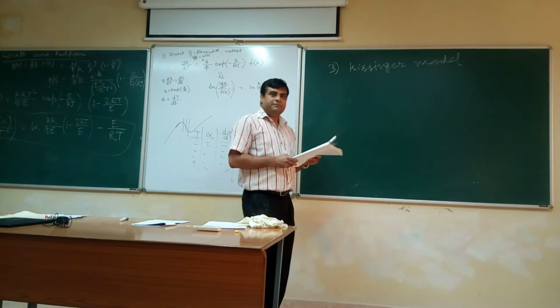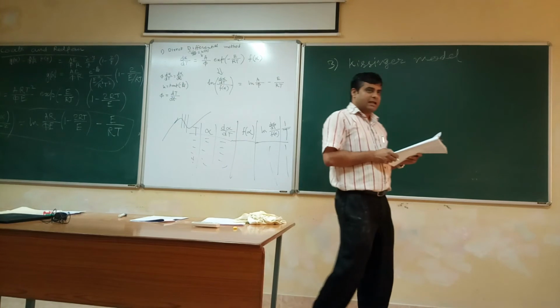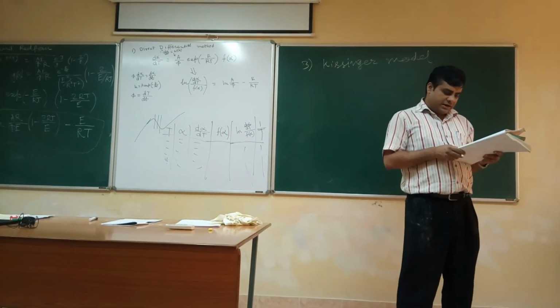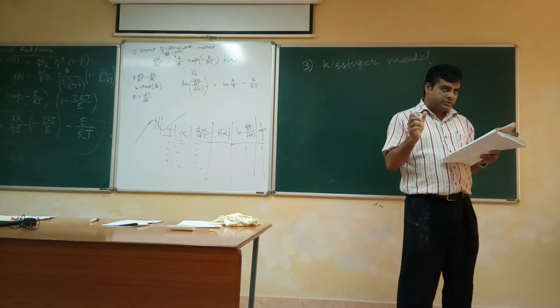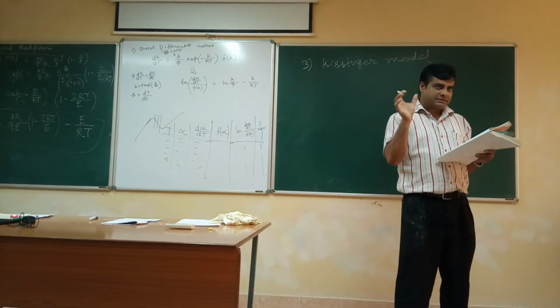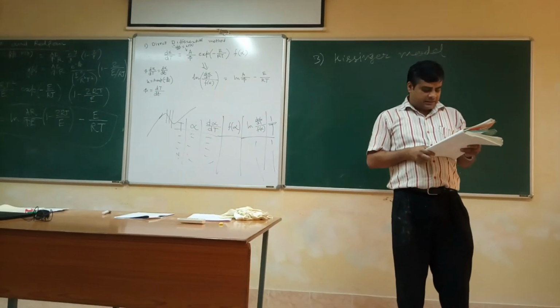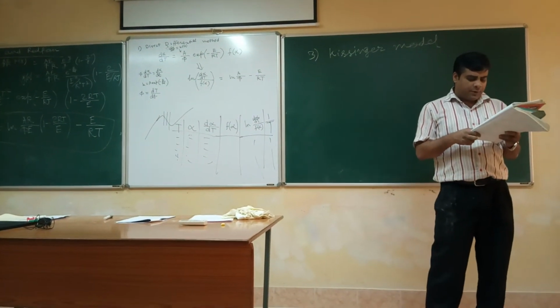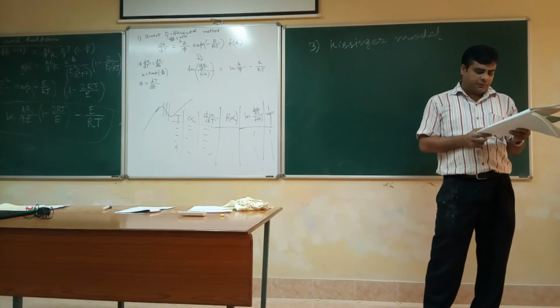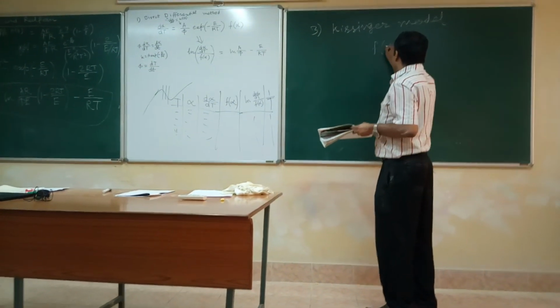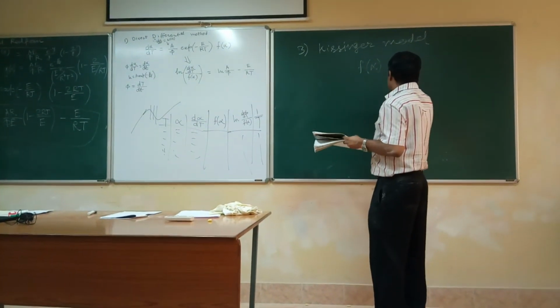So it's a model free model, that means you can calculate the activation energy without any model approximation or model expression. Actual expression you do not need to know. But there Kissinger proposed a kinetic analysis method for reaction order models, that is, they said that F alpha usually varies like this.